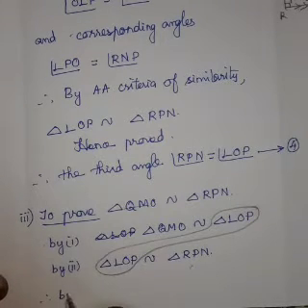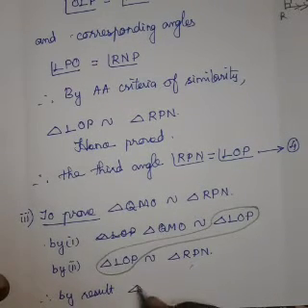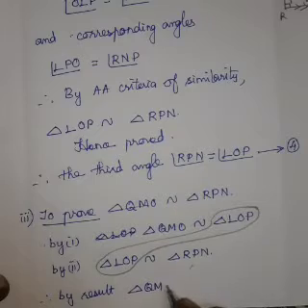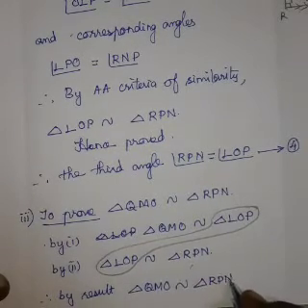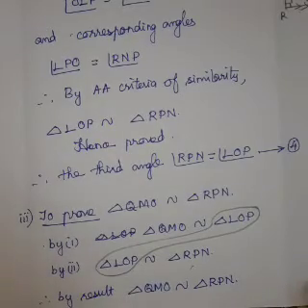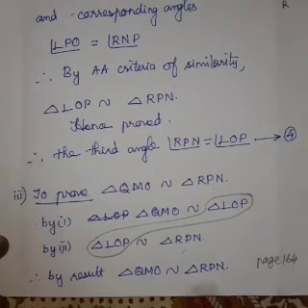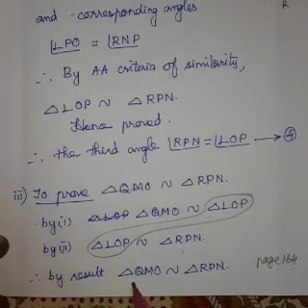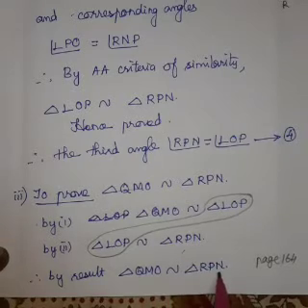Therefore, by result, triangle QMO similar to triangle RPN. So, we got it easily. This result, page number 164, first result. So, we can write it easily. This third part, triangle QMO similar to triangle RPN.